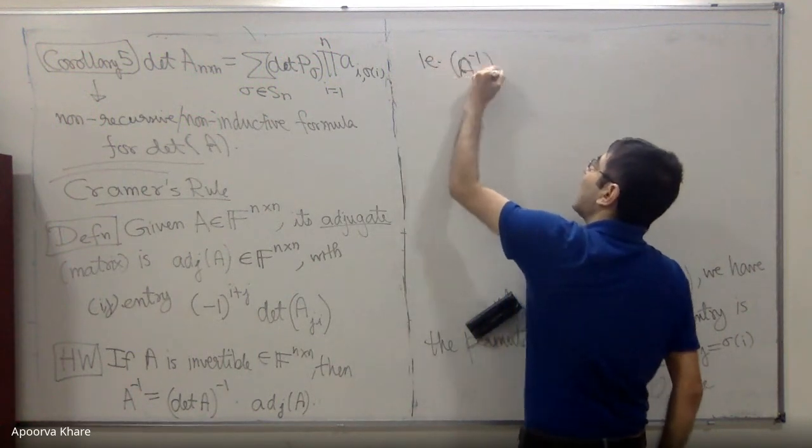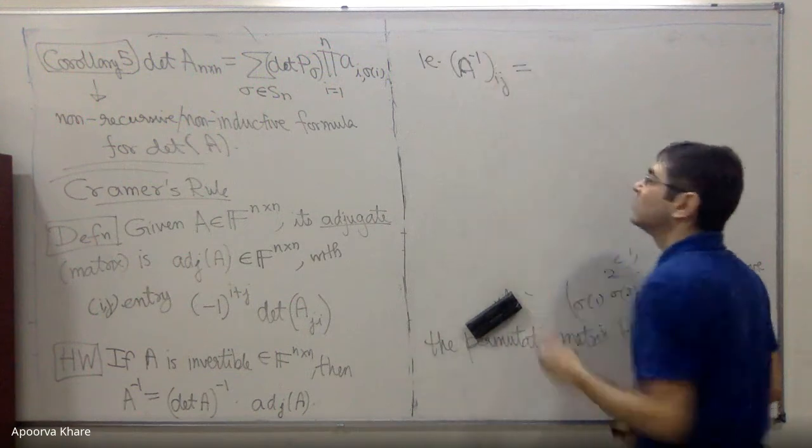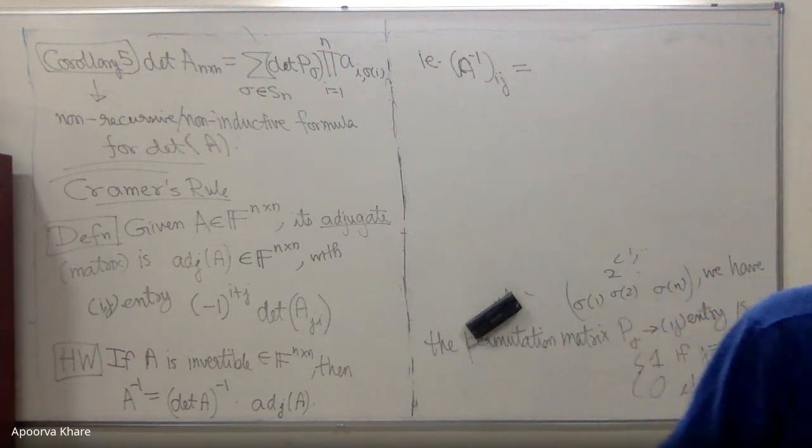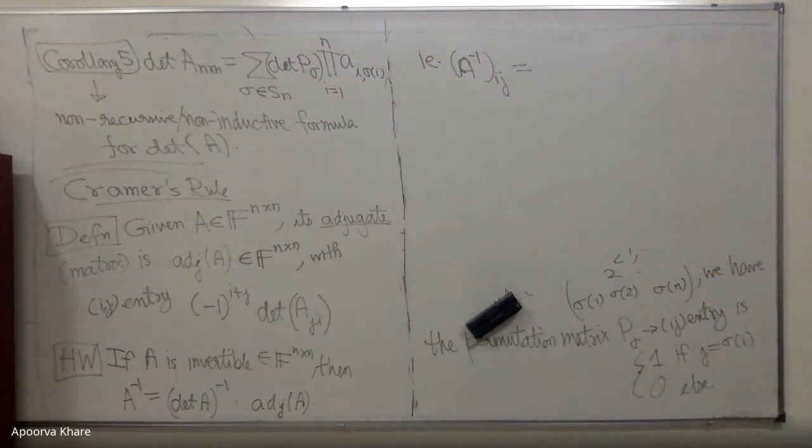In other words, if you look at the ijth entry of A inverse, I should write this down in my notes as well. Then what is it?